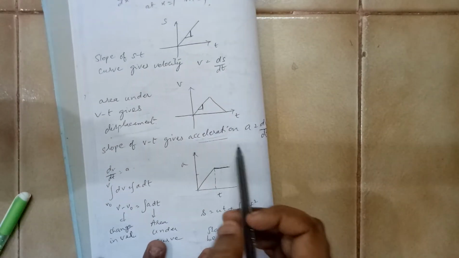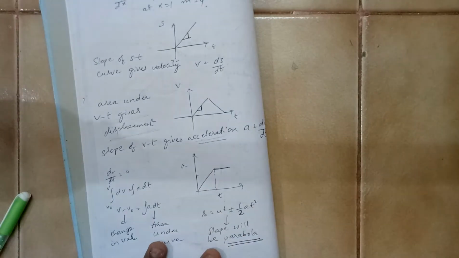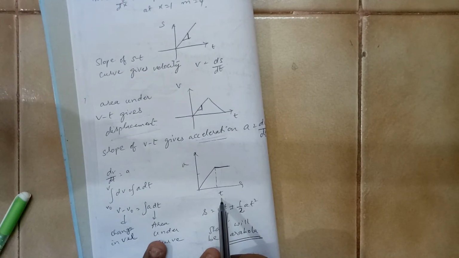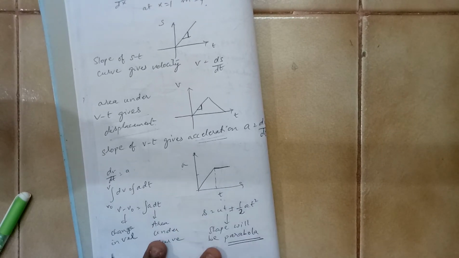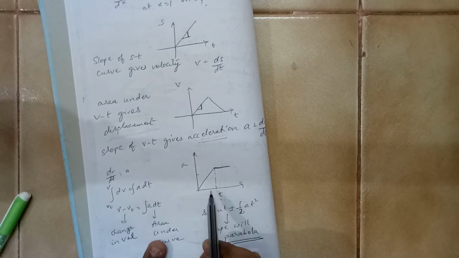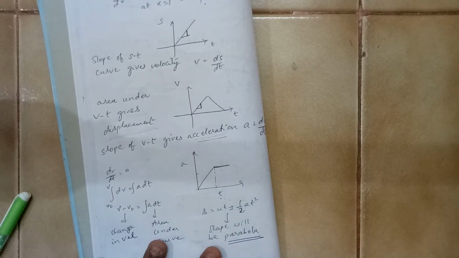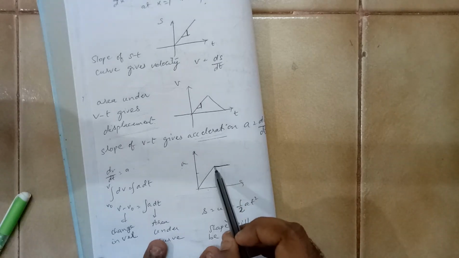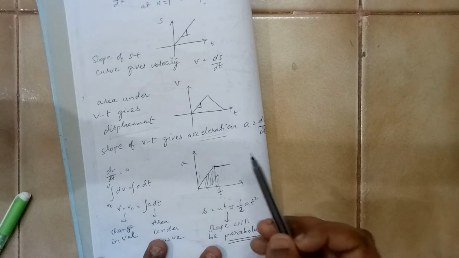Now the third type, when you get an acceleration versus time graph. As I told in the bridge course also, time is the independent axis, but acceleration is the dependent axis. It is dependent upon time. At a particular time there is a particular acceleration. If the AT graph is given and you find the area up to here, what will it give?